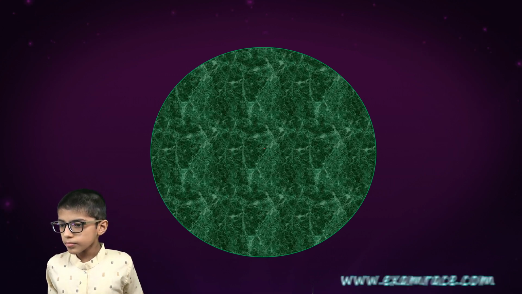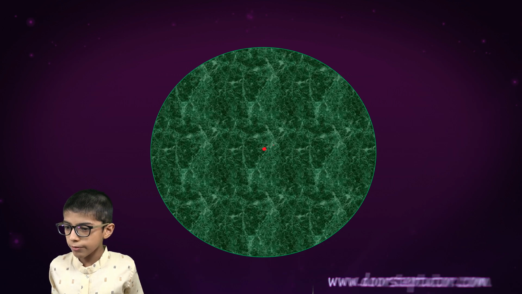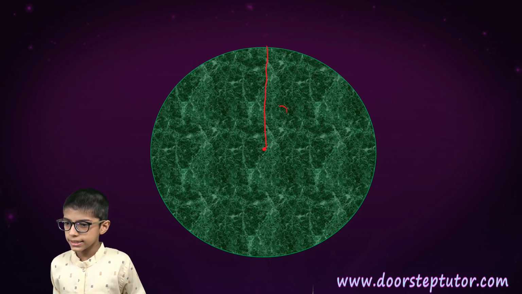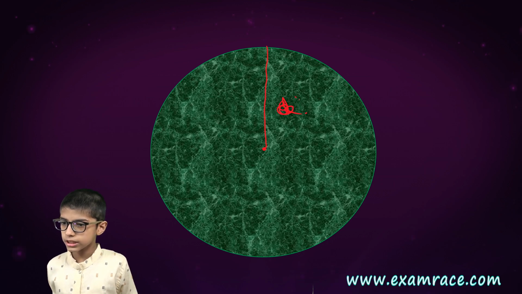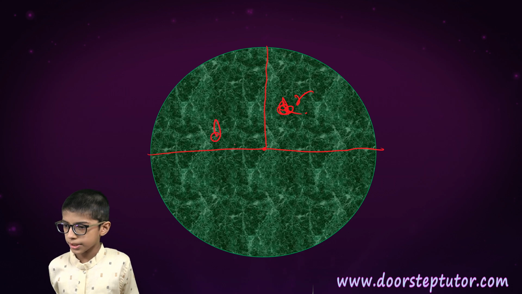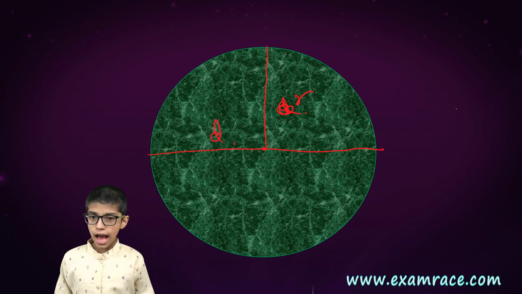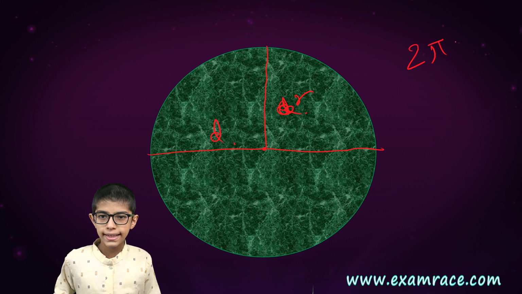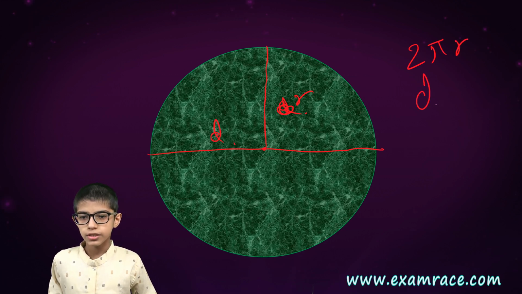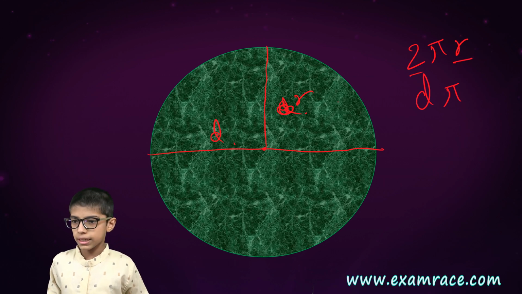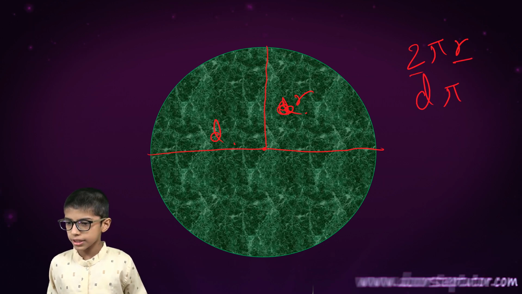So, what is the perimeter and what is the area? Here, if I have the radius, this is the radius, and here I have the diameter. So, 2 into pi multiplied by r, or we can write it as d into pi, as 2 multiplied by radius gives us diameter.